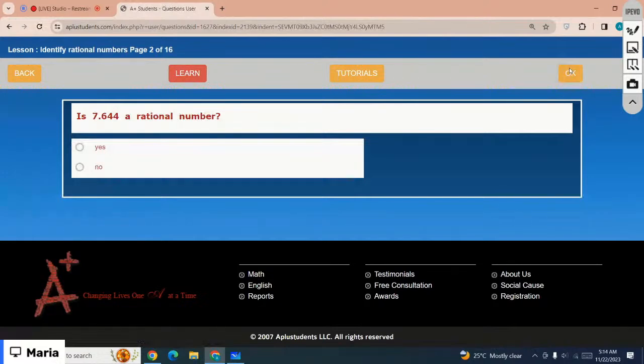Is 7.644 a rational number? Which is the correct option? Yes, it is a rational number. The correct option is yes, it is a rational number.